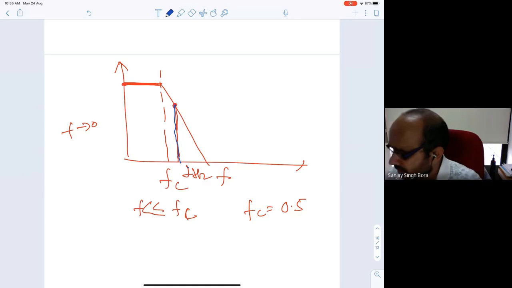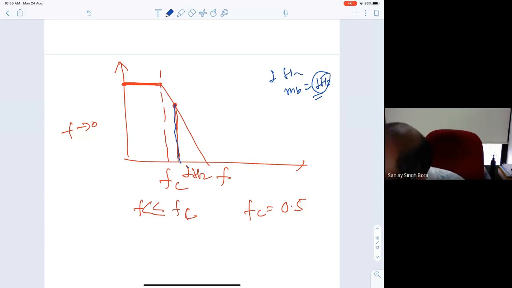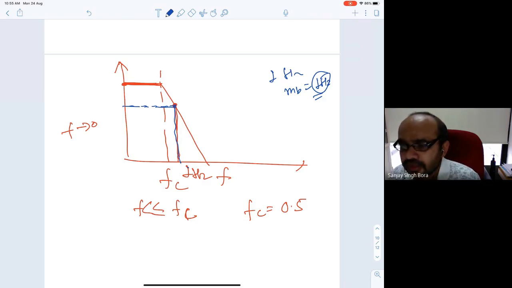Why I'm saying 1 hertz is because you are measuring MB at 1 hertz. So when you are measuring at 1 hertz, you are not measuring here. So what amplitude are you measuring? You are measuring this amplitude, and you are defining your magnitude from this amplitude. MB is measured at 1 hertz, and your corner frequency FC is 0.5 hertz.